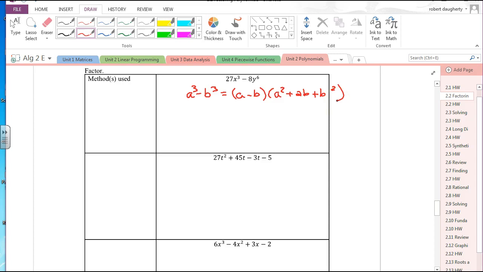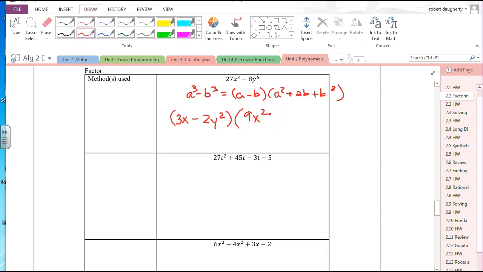So what's the cube root of 27x cubed? 3x, okay? What's the cube root of 8y to the 6? 2y what? 2y squared. When you cube that, you get 8y to the 6, okay? Now, what happens when you square that first term there? 9x squared, okay?